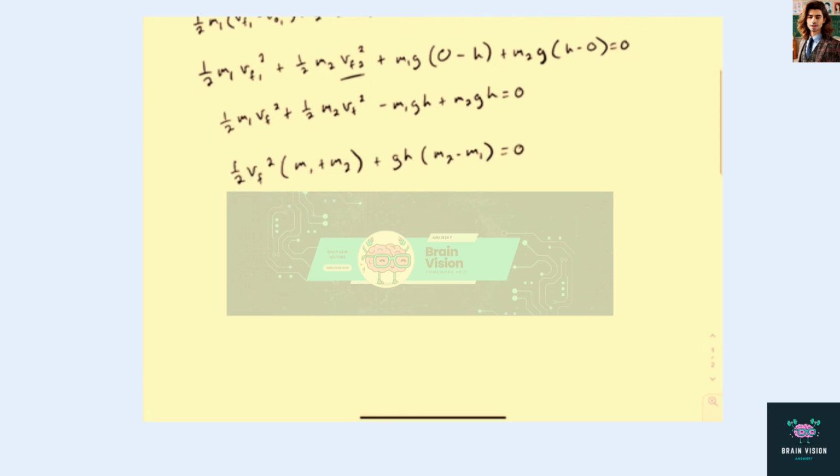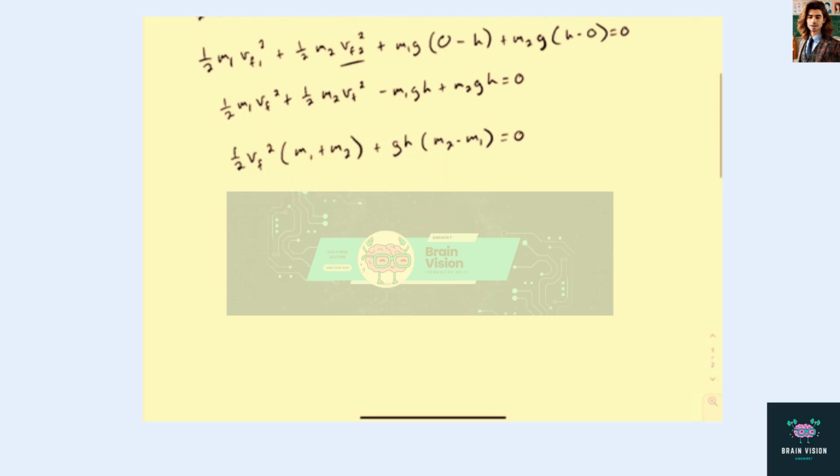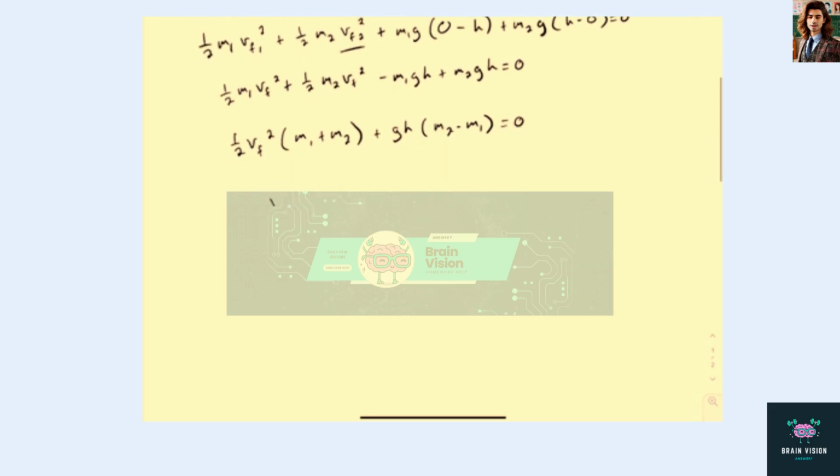Now I'll bring everything over that I can to the other side of the equation. So vf squared, I'll keep this over here for a second. So we bring this term over, we get gh times m1 minus m2, they switch, and then times 2 for this 1/2.